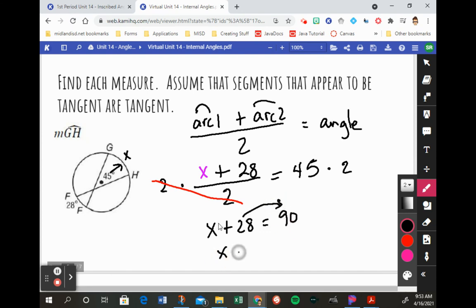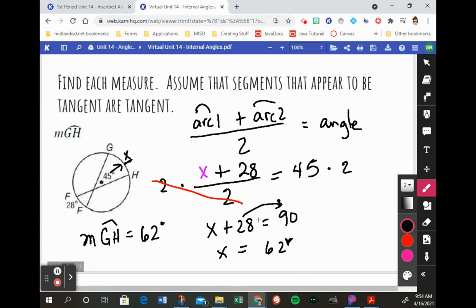So I have X equal to 62. Not degrees, it's just X. Now what is that X? X is equal to 62 degrees. So the measure of arc GH is equal to 62 degrees.